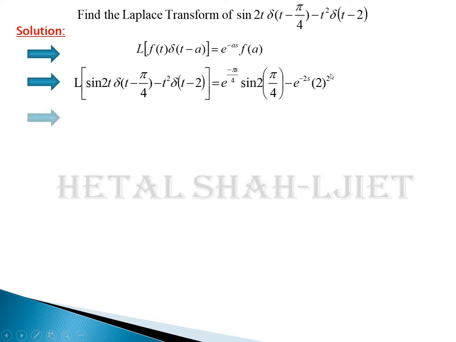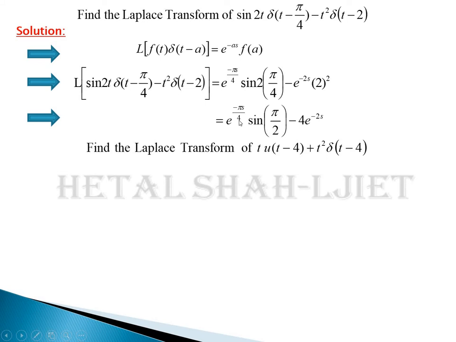So by simplifying we get e raised to minus pi s by 4 times sine pi by 2, minus 4 e raised to minus 2s. As sine pi by 2 is 1, we can write e raised to minus pi s by 4 minus 4 e raised to minus 2s.